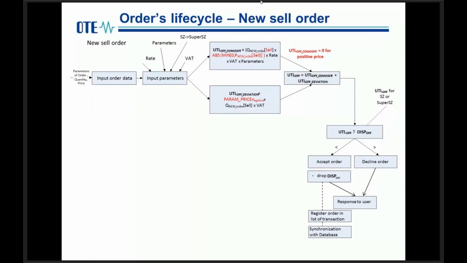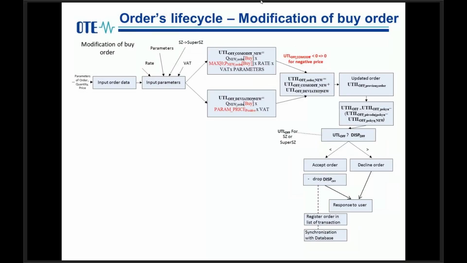New sell order. This order only differs in the fact that in this instance commodity utilization is only calculated when the price of the order is negative. For bid orders, the situation is the opposite.